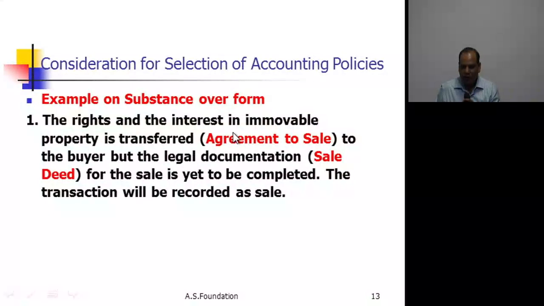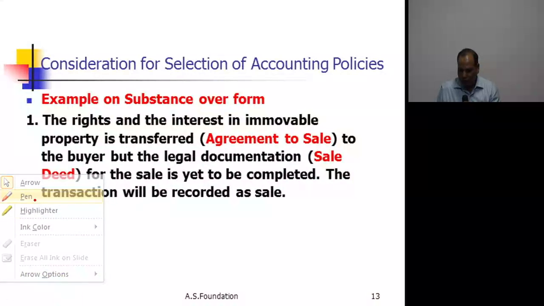The rights and the interest in immovable property is transferred. That is, agreement to sell to buyer, but legal documentation like sale deed for the sale is yet to be completed. The transaction will be recorded as sale.